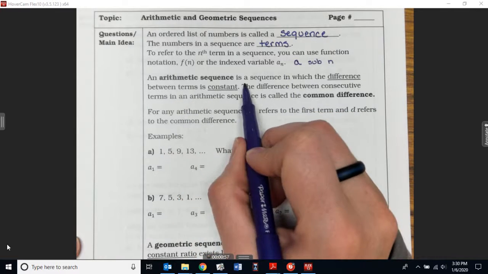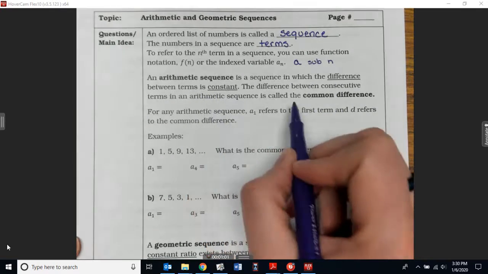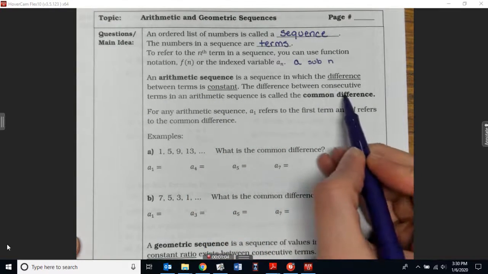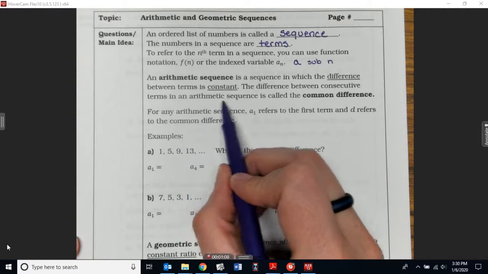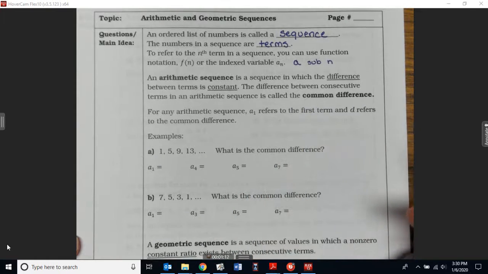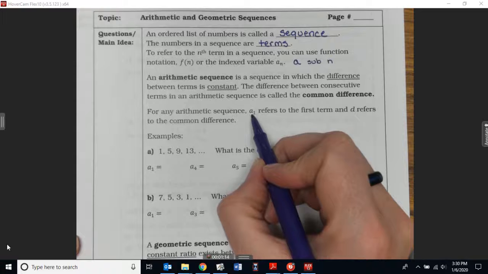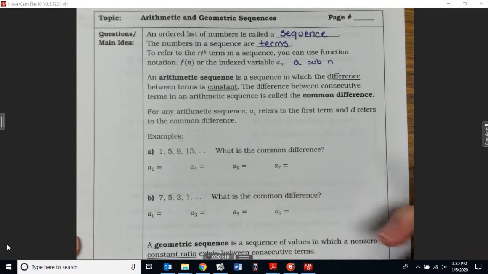An arithmetic sequence is a sequence in which the difference between terms is constant. The difference between consecutive terms, one after another, in an arithmetic sequence is called the common difference. For any arithmetic sequence, a sub 1 refers to the first term, and d refers to the common difference.